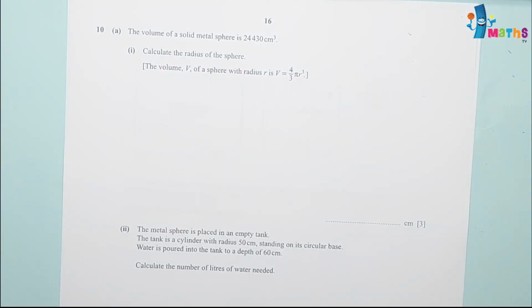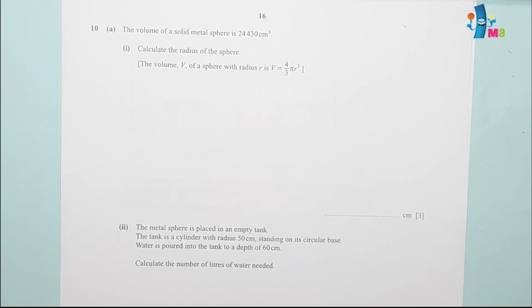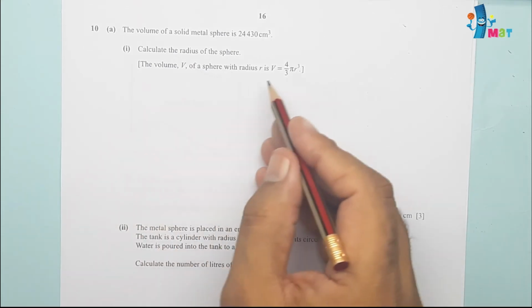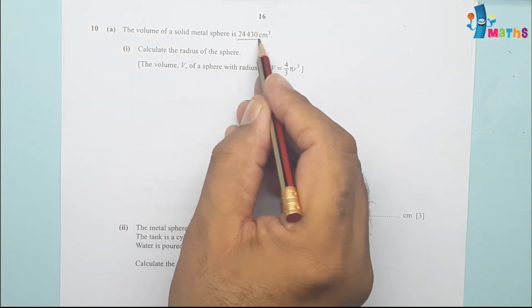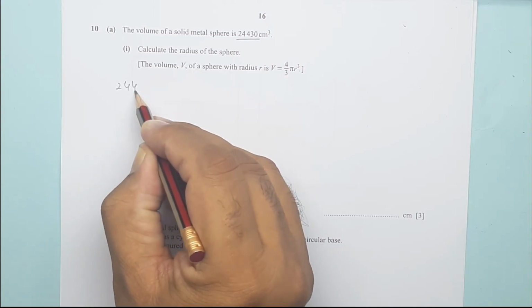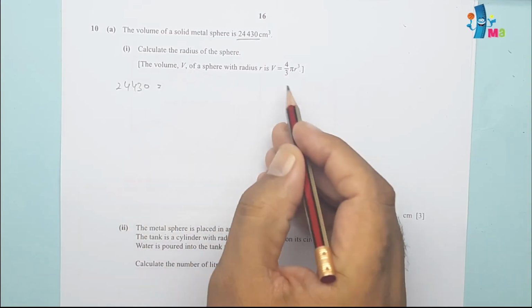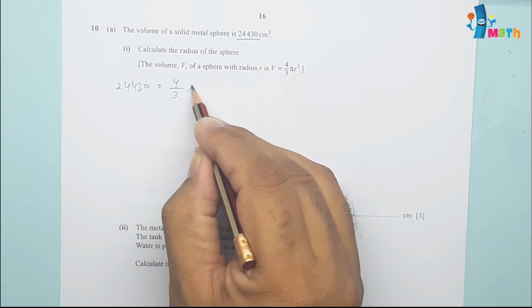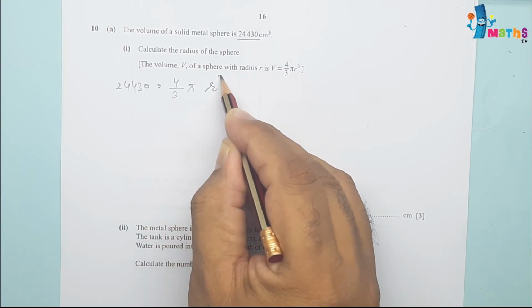Now question number 10. The volume of a solid metal sphere is 24430 centimeter cube. This volume is given. Calculate the radius of the sphere, and the formula for volume of a sphere is also provided. We'll have to just use this formula V which is given. So we'll write 24430 is equal to 4 by 3 pi r cubed.